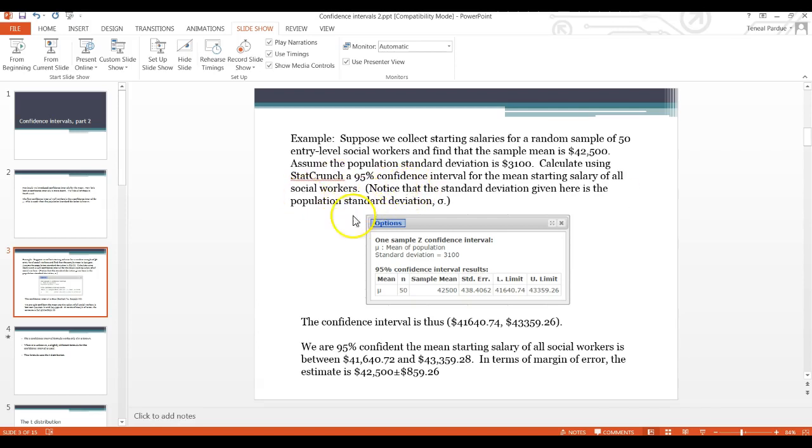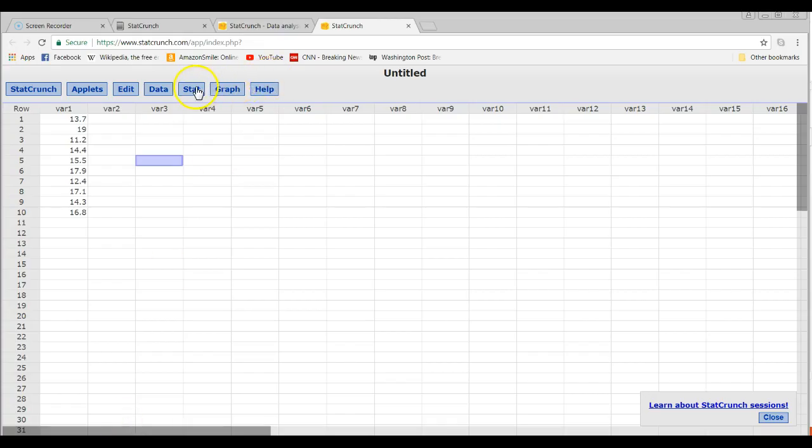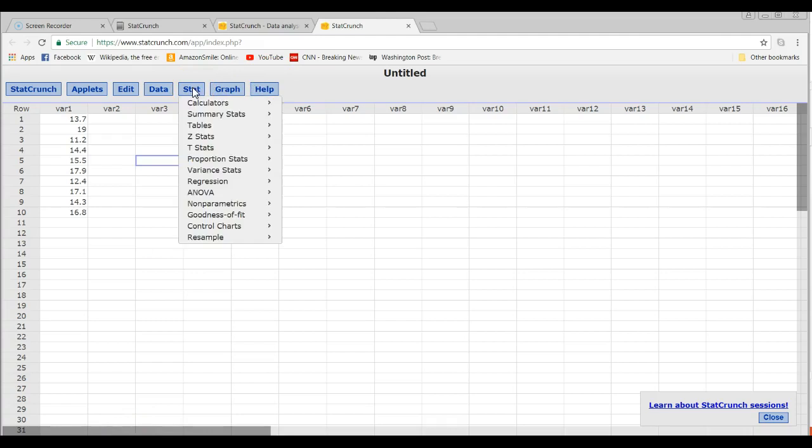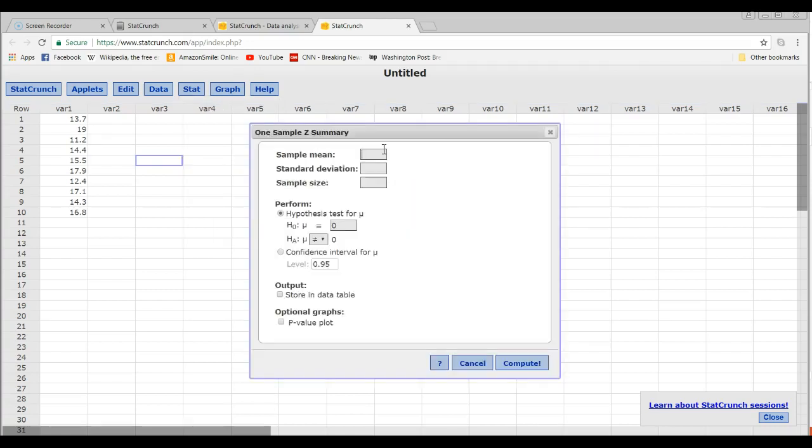So we're going to go over to StatCrunch, which I have pulled up already, right here. And we're going to Stat. This is under Z Stats. One sample. And this is with summary, because what we have is they've already done the mean and standard deviation for us.